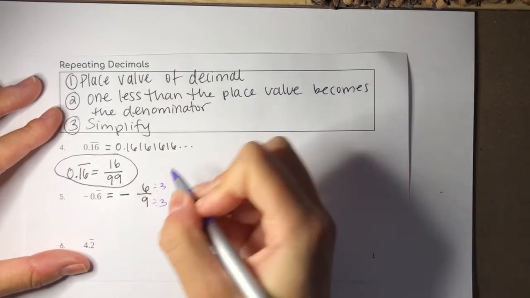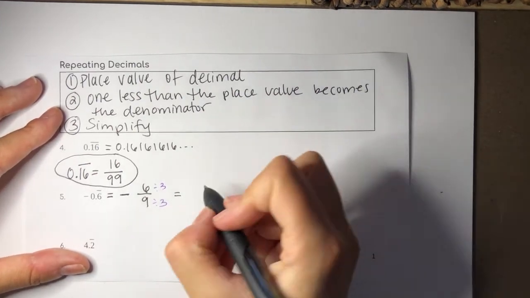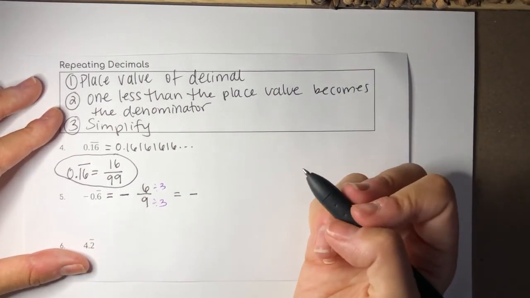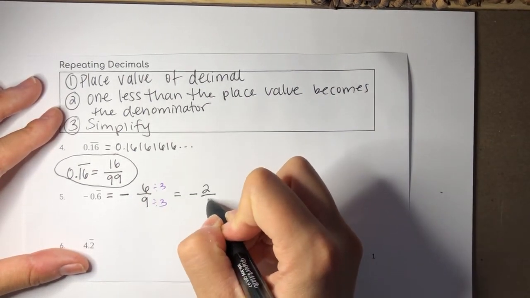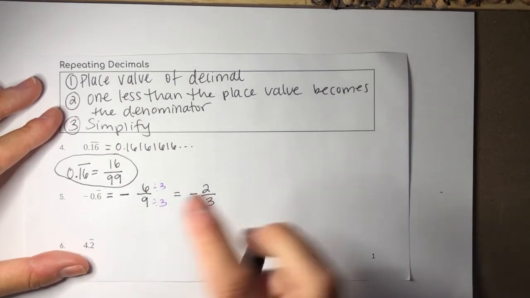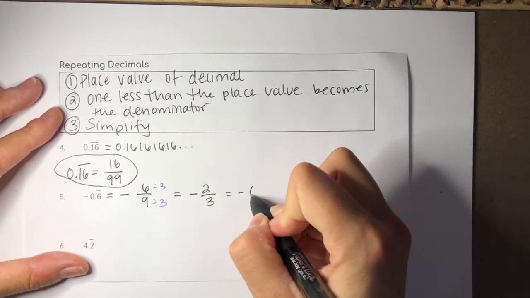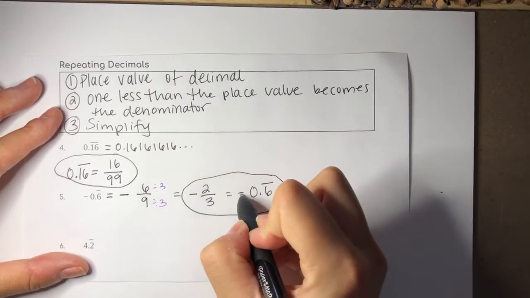So we need to simplify that factor out. So I'll divide top and bottom of my fraction by 3 and I'll keep that negative sign with me. So 6 divided by 3, 2, 9 divided by 3, 3. So my decimal negative 0.6 repeating is equivalent to negative 2/3.